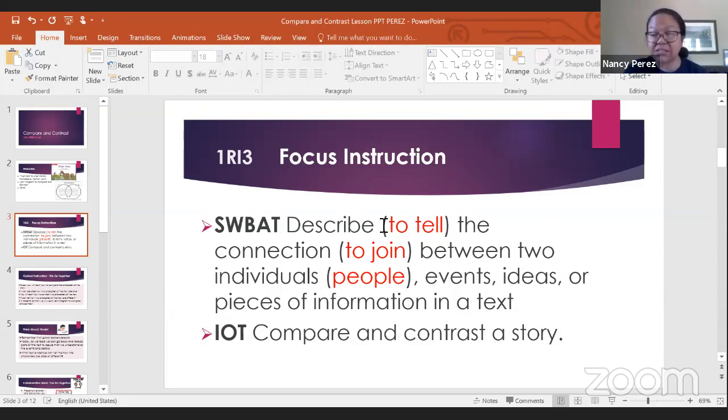You could use adjective words, like describing a noun. And you're going to tell by reading, by writing, or by telling the connection, how they joined between two individuals. Those are people, events, ideas, or pieces of information in a text, in order to compare and contrast a story.